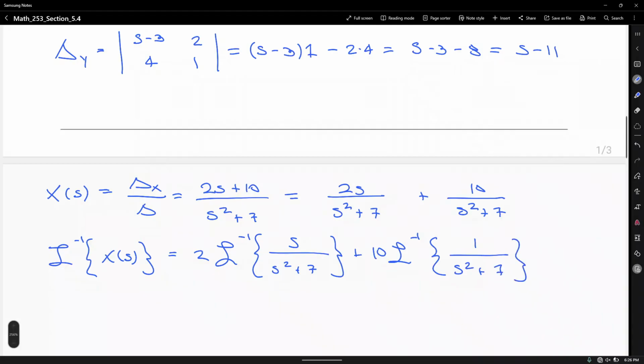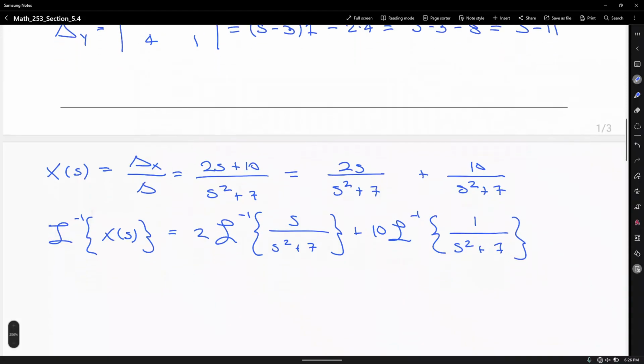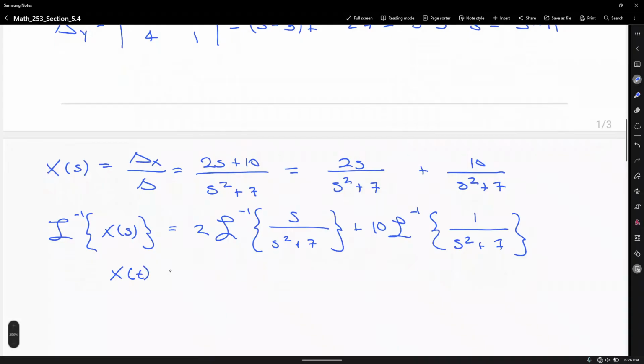The first inverse transform takes us to cosine, so x of t equals 2 cosine of root of 7 times t, plus 10 times the inverse transform of 1 over s squared plus 7.